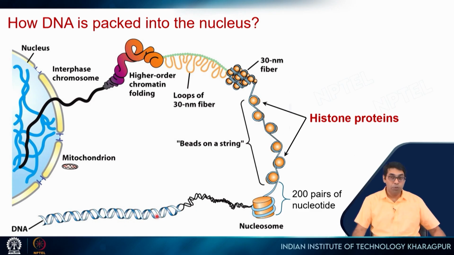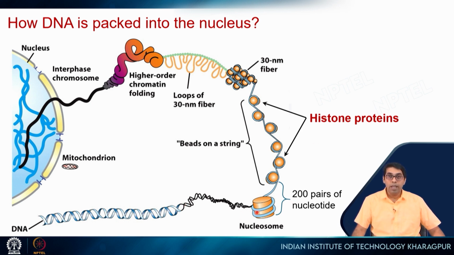So, the first thing that you have to do is neutralize this charge on the DNA, and that is done by a set of proteins called the histone proteins. The surface of these histone proteins will be highly positively charged, and you can imagine, based on what we have learned so far, what type of residues should be present to make it positively charged. There have to be basic residues like arginine and lysine and histidine. So, histone proteins actually have a lot of arginine and lysine and histidine on the surface.